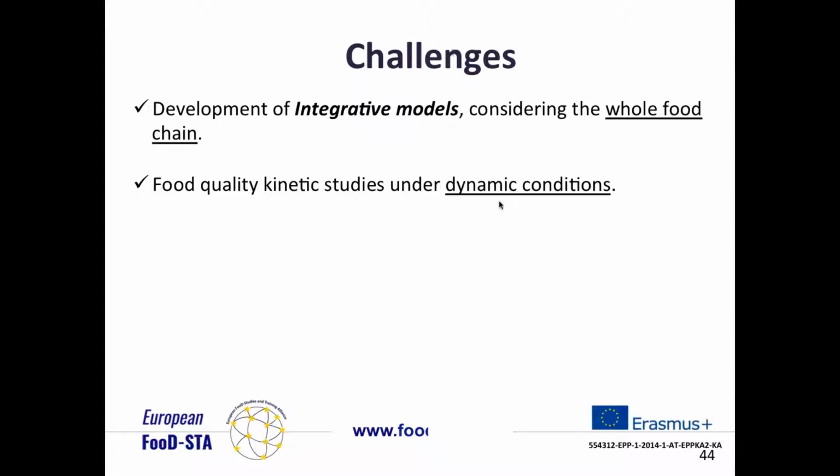Also, to have correct kinetic data and kinetic studies using dynamic conditions, because as I mentioned, under dynamic conditions the behavior of microorganisms especially can be very different than when static conditions are used. Also, the use of reverse engineering, using the results to predict the behavior, because mechanistic models are not easy to develop.